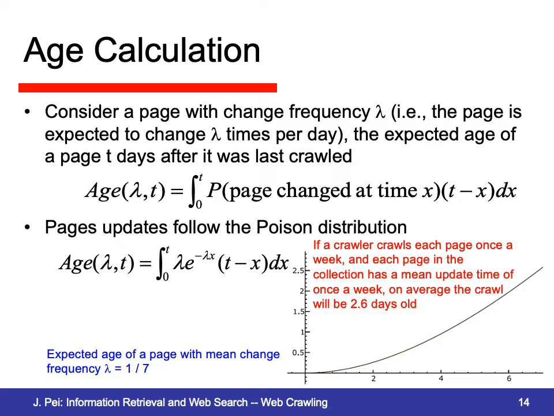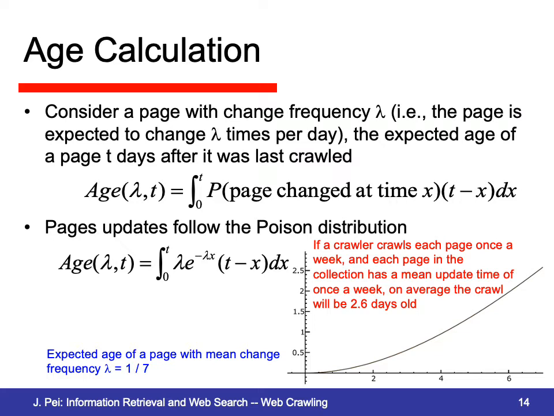We take the probability that the page changed at time x, times the age t minus x, dx, that's the age of the page after change. We sum that up from 0 to t. If we assume that the page updates follow the Poisson distribution, then we can have the age of lambda and t calculated in this formula.